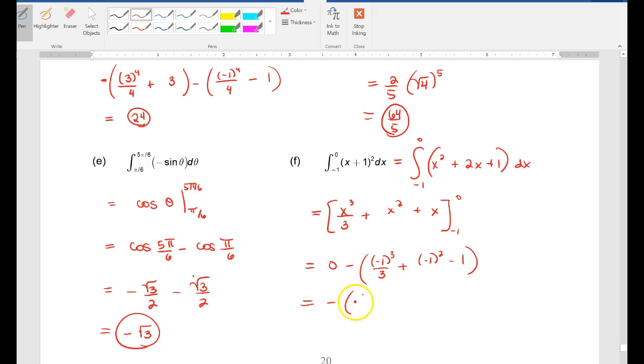So I have a -1 third plus 1 minus 1. So the opposite of -1 third becomes positive 1 third.